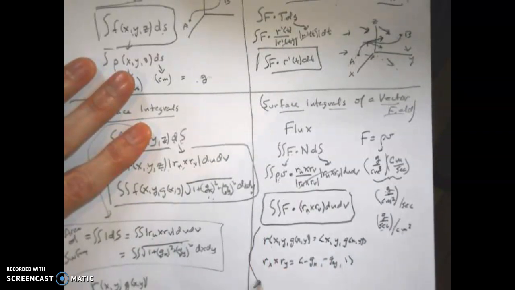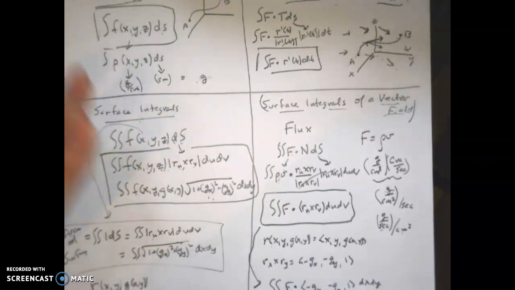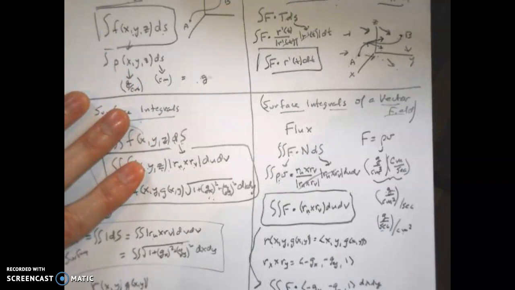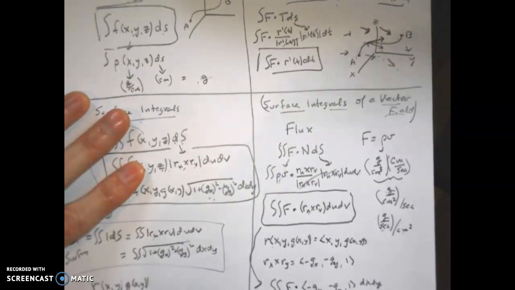So this becomes the double integral of F dotted with negative dg/dx, negative dg/dy, 1, dx dy. And a lot of times F is in the form of M, N, P, and you're dotting that with negative dg/dx, negative dg/dy, 1.